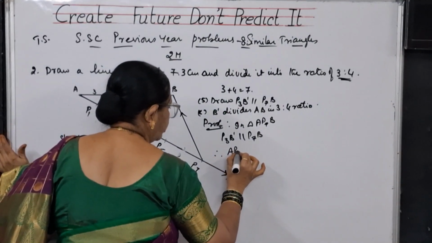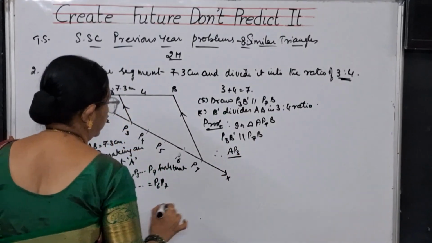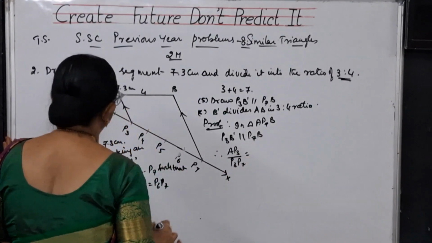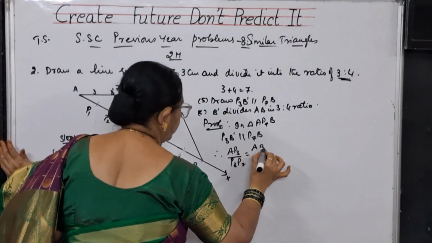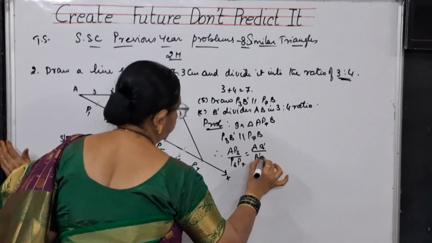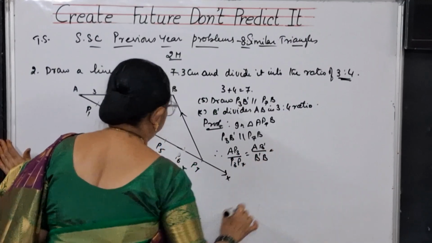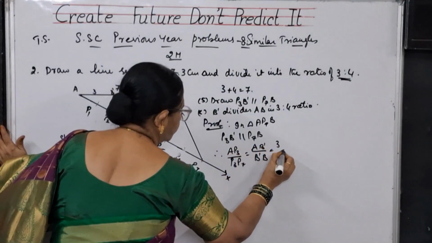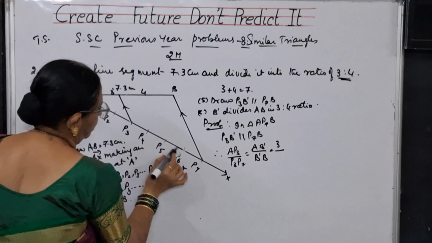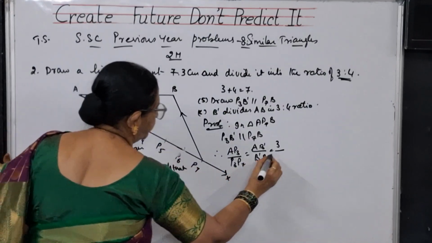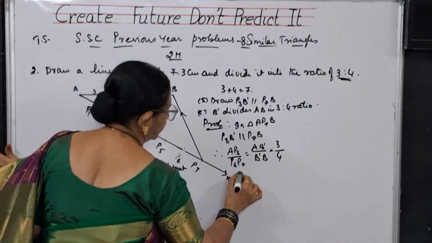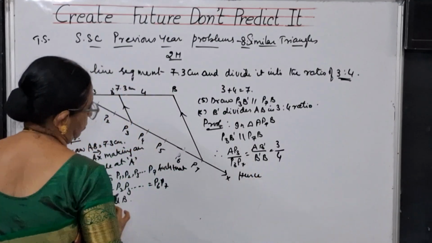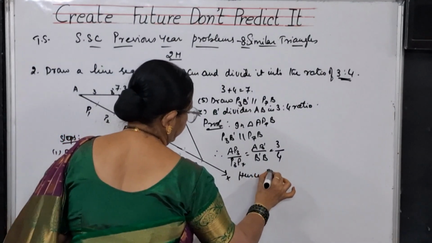So, A P3 by P3 P7 is equal to AB dash by B dash B, that is equal to A P3 1 2 3 parts by P3 P7 1 2 3 4 parts. Hence, proved. We write it as proved.